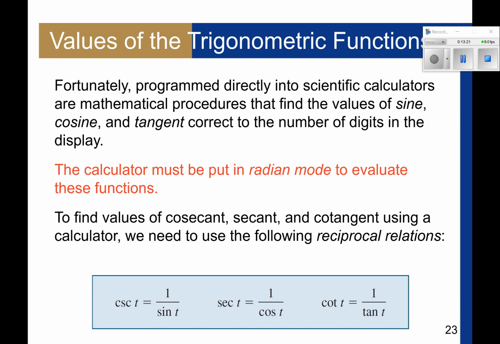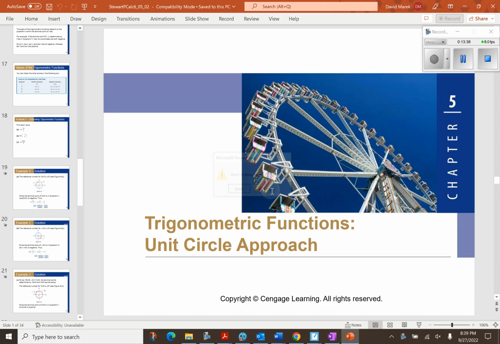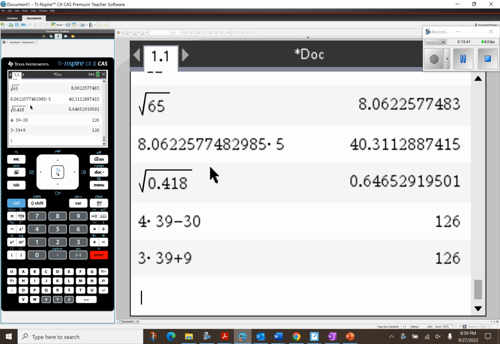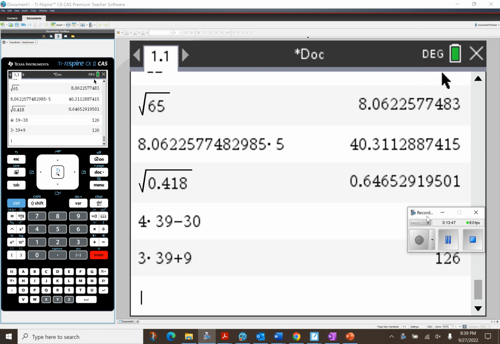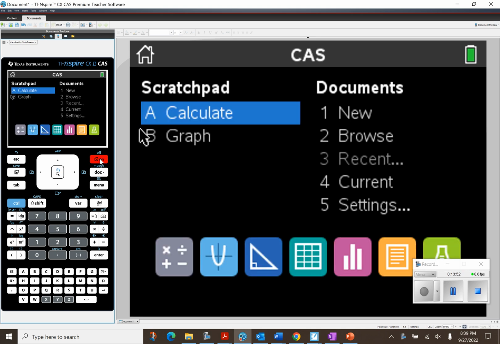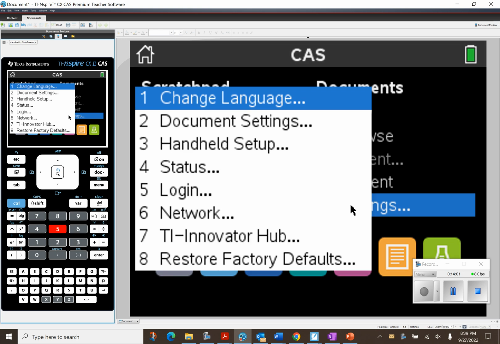This would be a really good time for you to take your calculator and put it in radian mode. That's what we are going to be using here the vast majority of the time for the rest of 5 and for the next chapter, which I'm keeping secret for right now. So again, for those of you that are actually using the document side of things, you go back to your home screen here and you go down to option number 5 for settings.